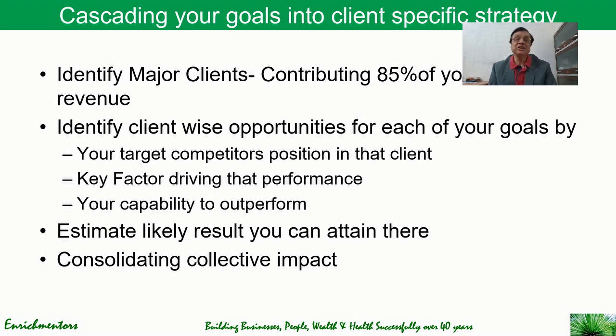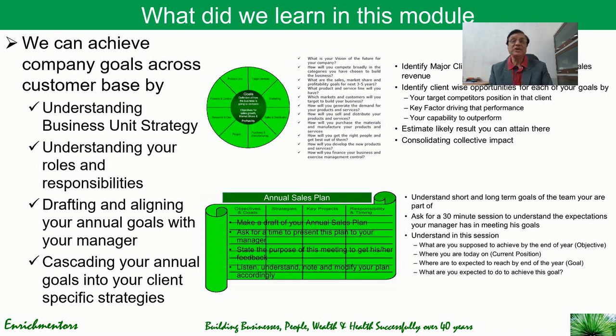So what did we learn in this module? We learned that we can achieve company goals across the customer base, not only one customer, but major customers accounting for 85% of your business. First by understanding the business unit strategy, and we talked about what we mean by business strategy. Then you need to understand your roles and responsibility based on the part of the team that you are in, and with your manager, understand the expectations.